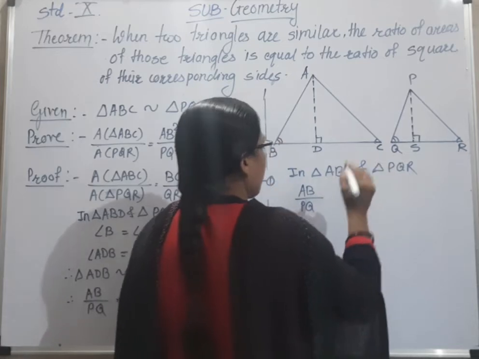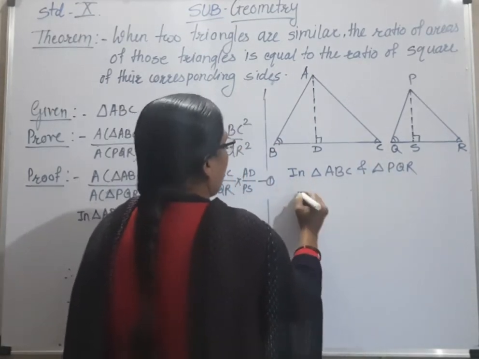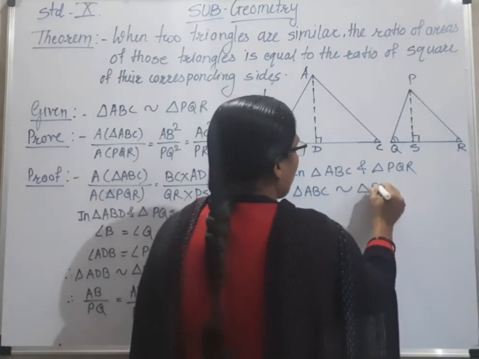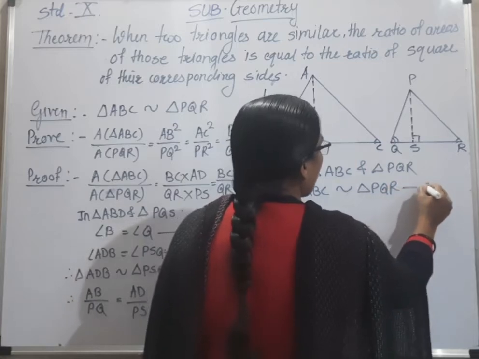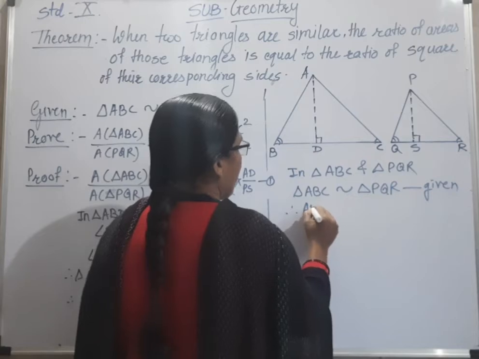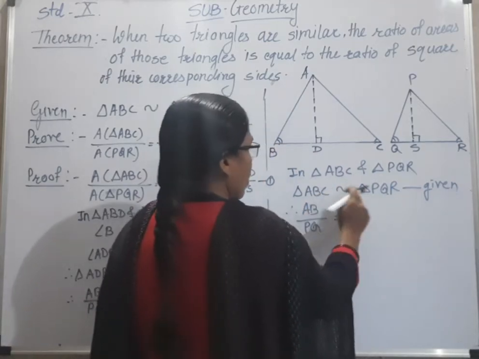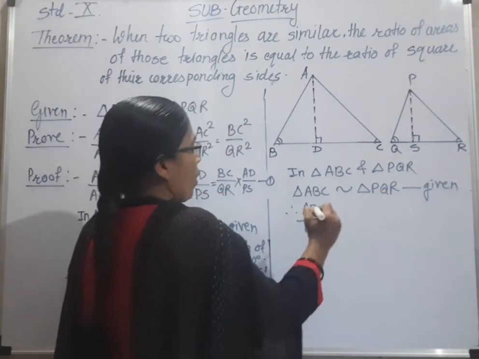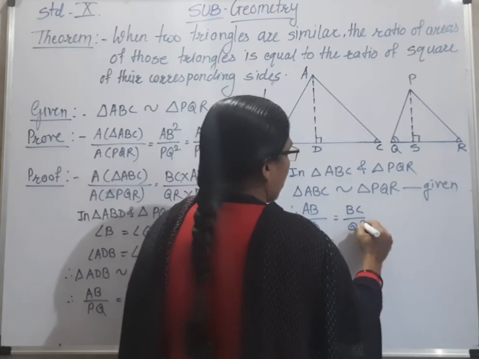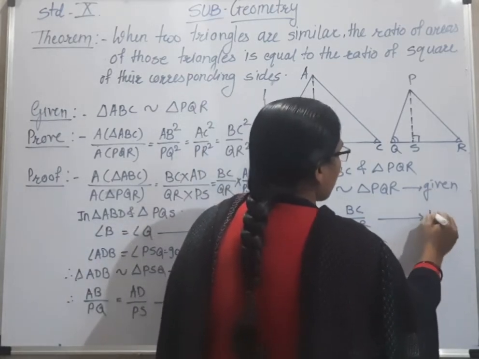Triangle ABC is similar to triangle PQR, it is given. Therefore, AB upon PQ is equal to BC upon QR. That is the third equation.